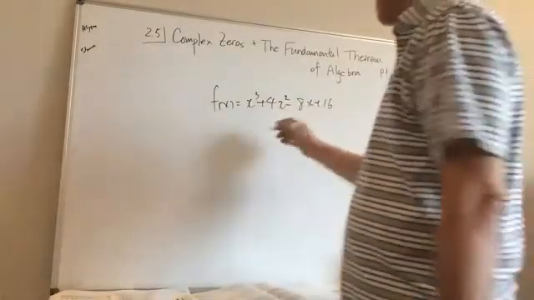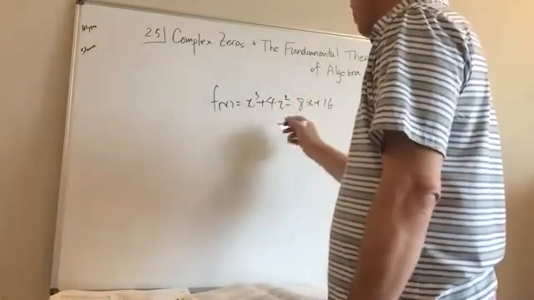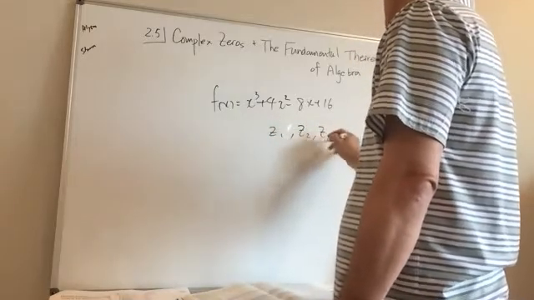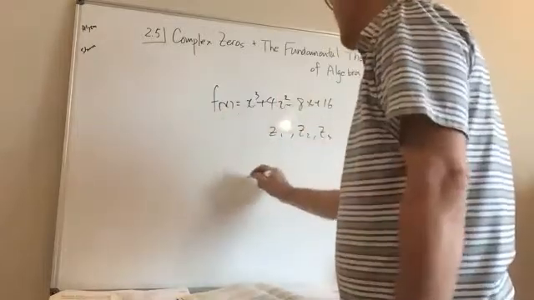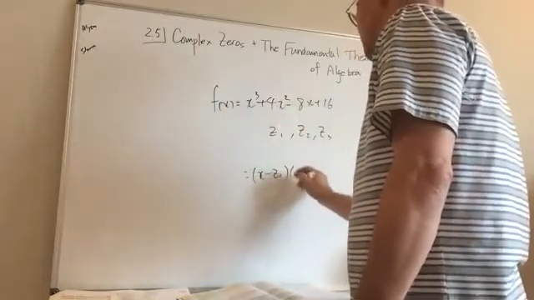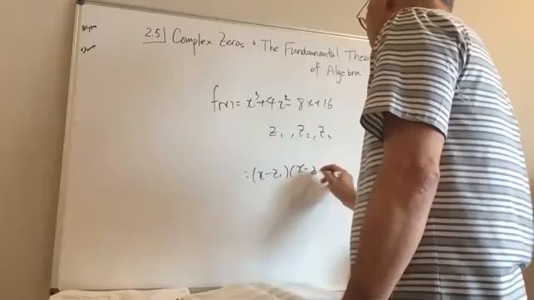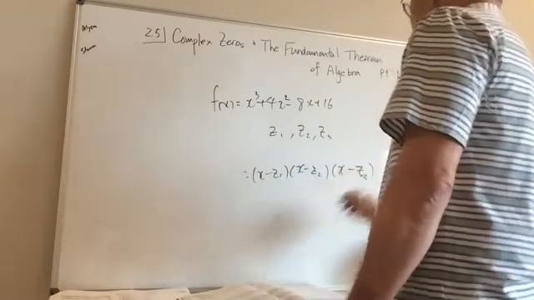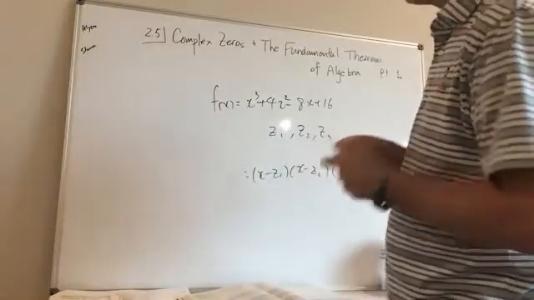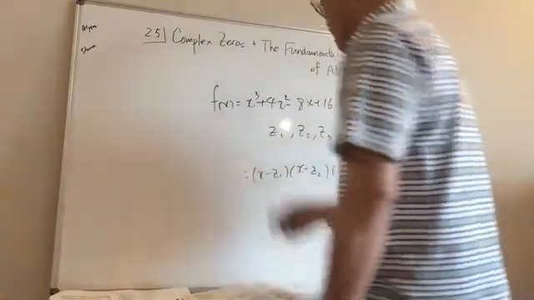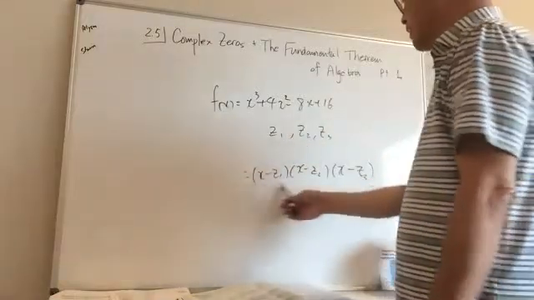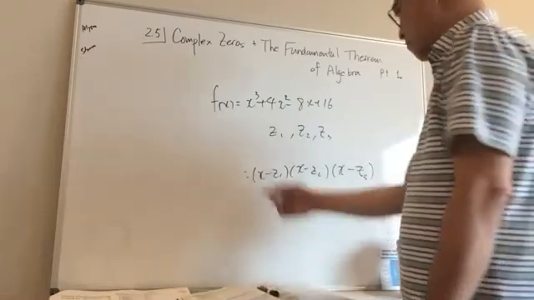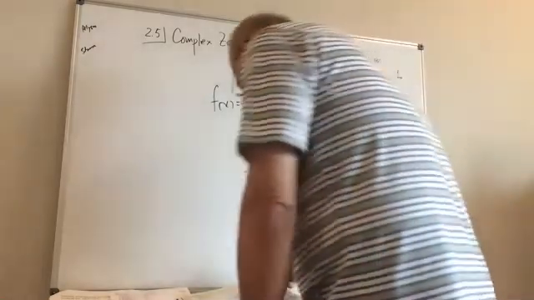If I found that I had z1, z2, and z3 as my zeros, I can rewrite this as x minus z1, x minus z2, x minus z3. Okay, and that's what the linear factorization theorem is saying. I can rewrite my zeros in a linear factored form like this.